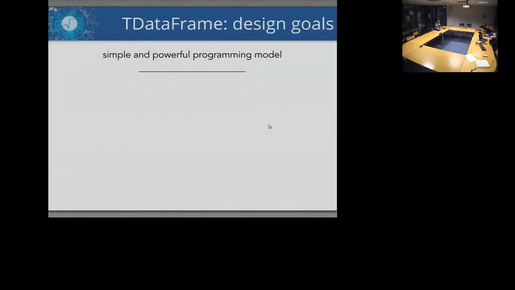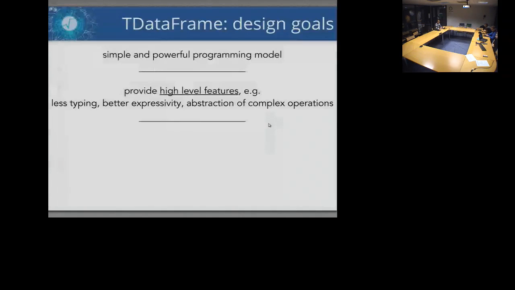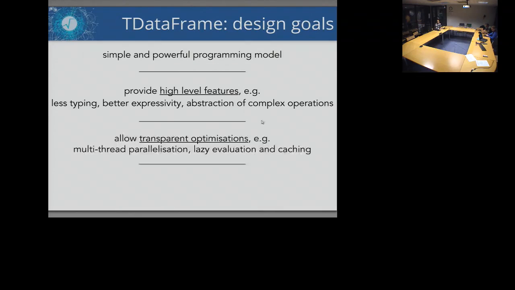So we want a simple and powerful programming model. This is really what we have strived for. And the interesting feature of declarative interfaces is that they provide high-level features, while they allow the developers, us, to offer transparent optimizations without the users having to worry about multi-thread parallelization, lazy evaluation, caching, and more.